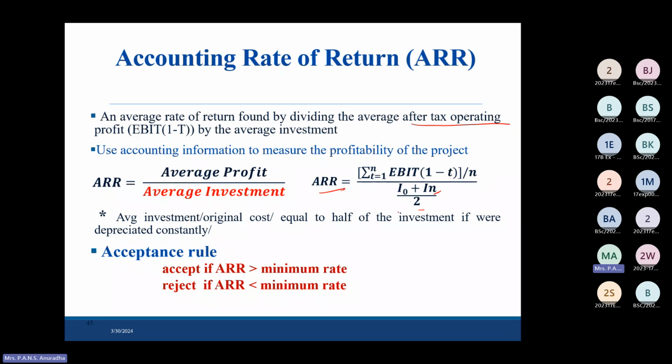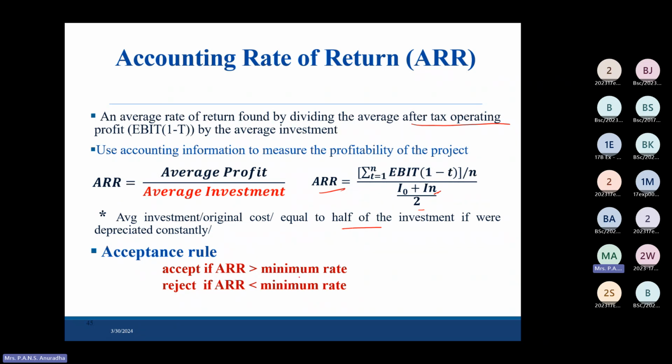In a project, there might be more investments during the project lifetime, not only the initial one, so you can calculate the average like this. If you are given only the initial year investment, and it depreciates throughout the life of the project, then you can take the average investment as half of the investment, that is, the initial investment divided by 2.